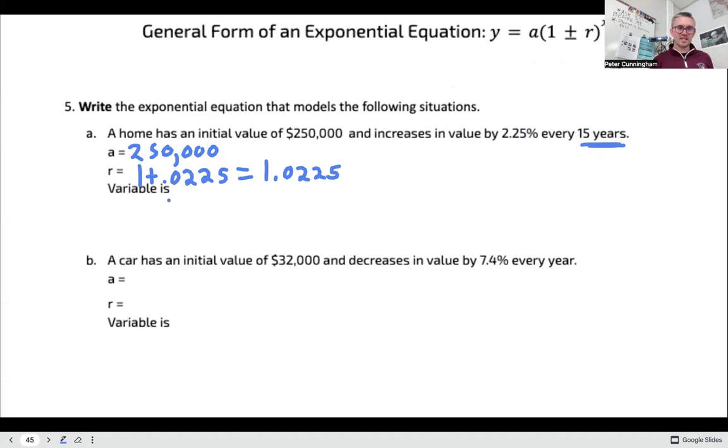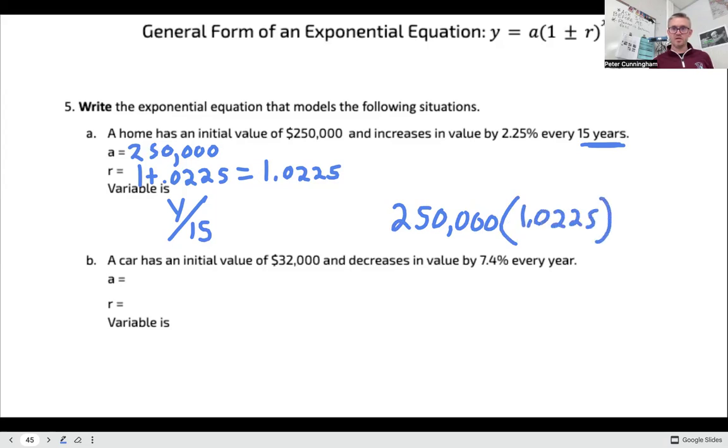So you need to take years, however many years you have, and divide it by 15. Okay, so I don't need you to calculate anything. I just need you to put the equation it's asking for: 250,000 times 1.0225 to the years divided by 15.